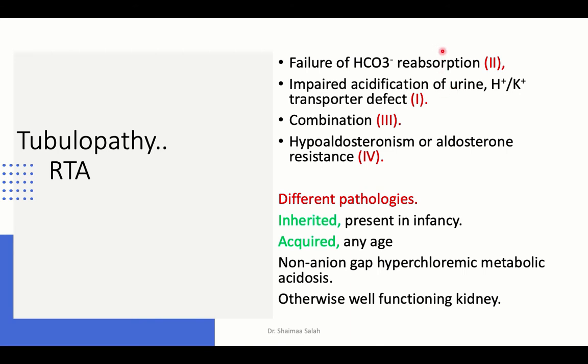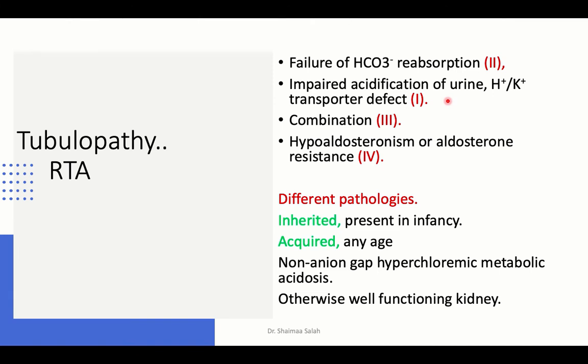Both are associated with metabolic acidosis of normal anion gap, because we lose bicarb rather than addition of acidic load, so it is normal anion gap metabolic acidosis associated with hyperchloremia, to compensate for the bicarb loss.